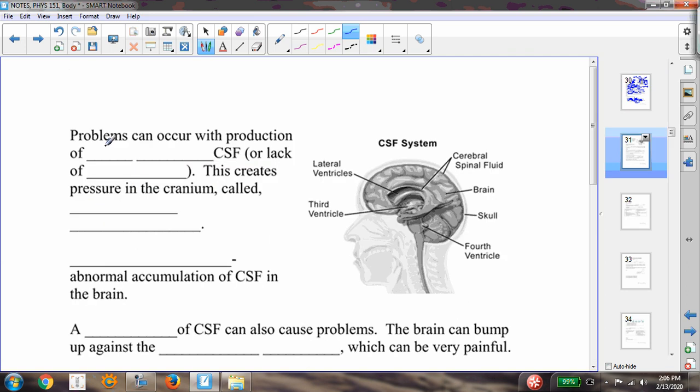Problems can occur with the production of CSF. Or lack of production. That is, you can have not enough production. And this creates pressure in the cranium, and that's called intracranial pressure. Intra means in, cranial means cranium, or in the skull.